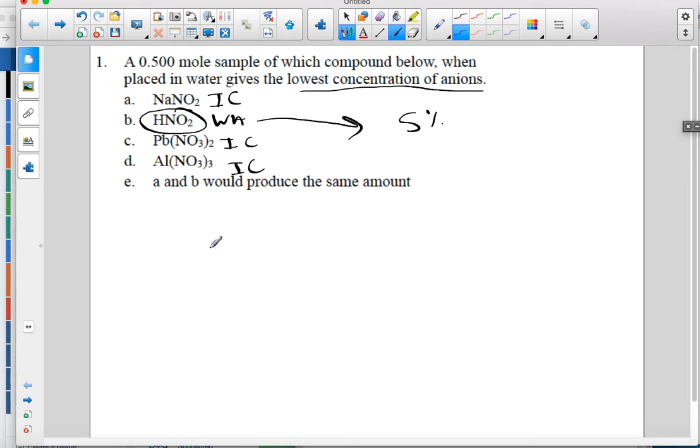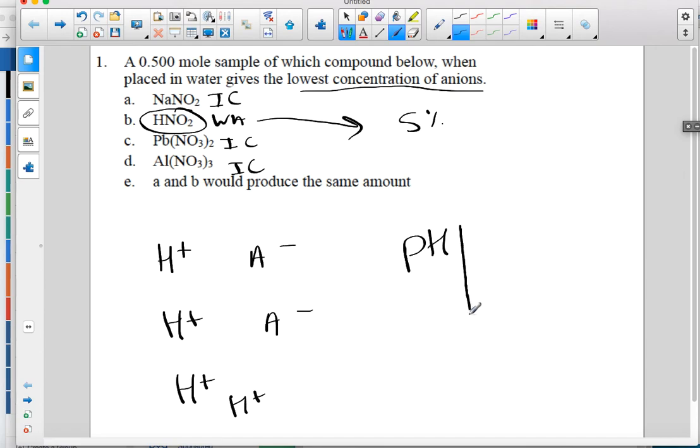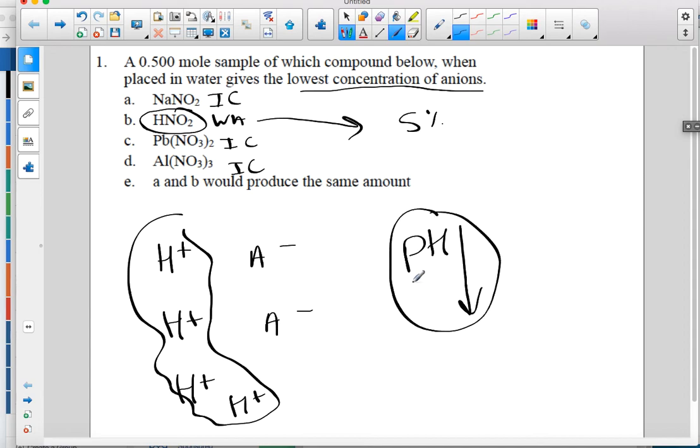So the fundamental definition of weak acid, if you're comparing acid strength, we say a strong acid breaks apart completely. And if it breaks apart completely, you're going to get lots of H+, which means the strongest acid is going to have the lowest pH, because the concentration of H+ and pH are inversely related.